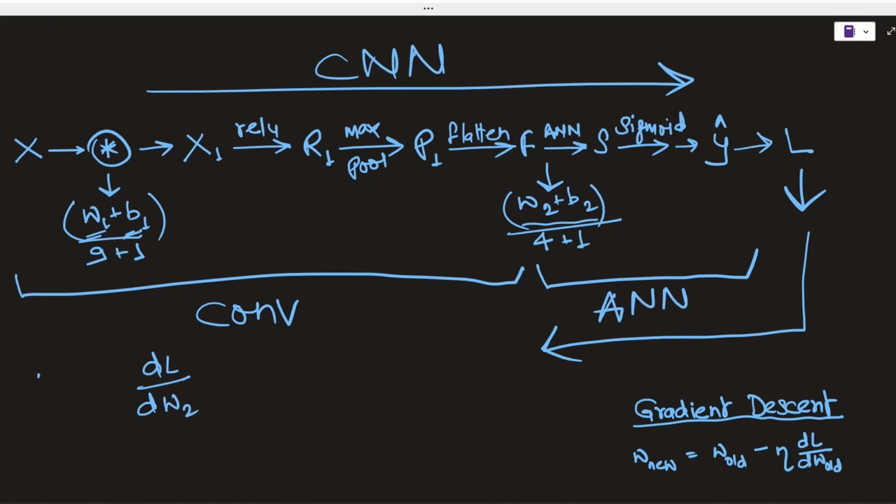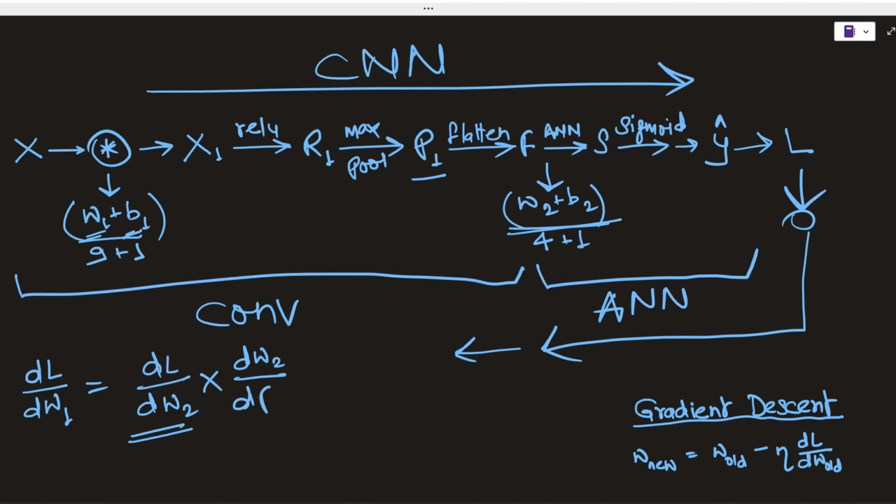Okay, so basically we want to understand how the loss is being changed with respect to W1. So obviously coming back from the point of loss, we are already at this point where we have understood how dL by dW2 is being calculated. Now let's try to flow backwards from this point. So we will further apply the chain rule, and we need to calculate the derivative of W2 with respect to, from this point we will now capture this one, so P1.